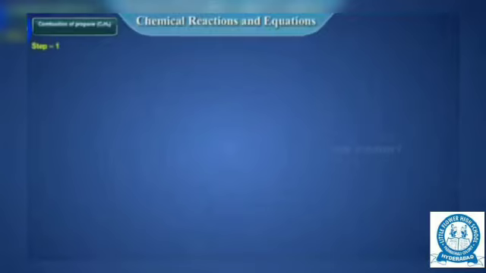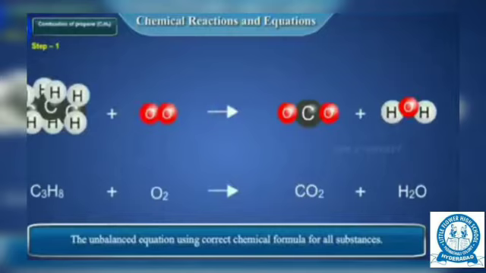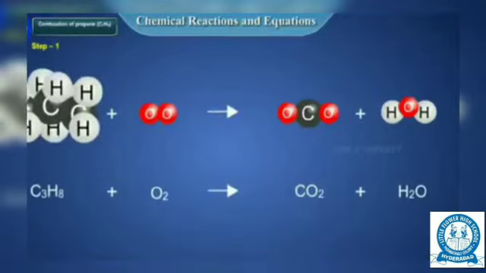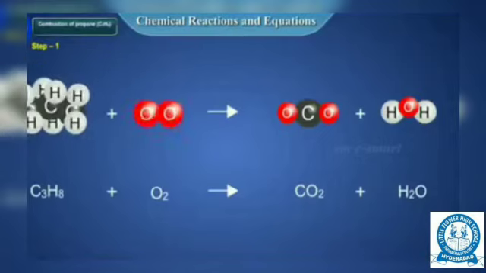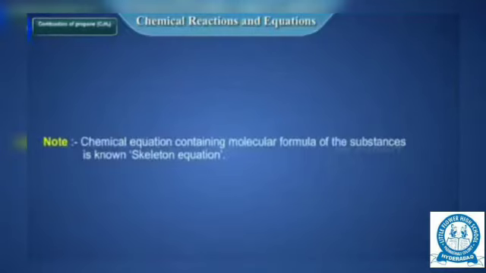Step 1. Write the unbalanced equation using correct chemical formulas for all substances. C3H8 plus O2 gives CO2 plus H2O. Note: a chemical equation containing molecular formulas of substances is known as a skeleton equation.